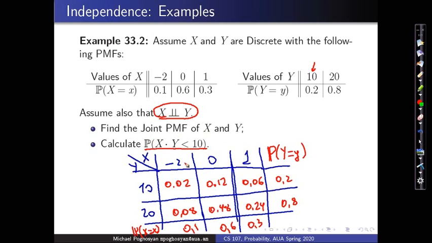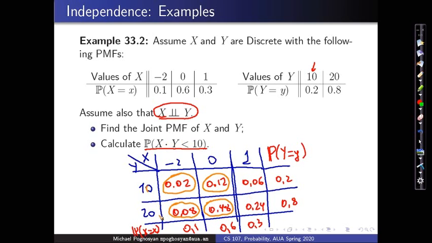Say the probability that X times Y is less than 10. I will check all possible cases to see which ones satisfy it. -2 times 10 is -20, which is less than 10, so I will add this probability. 0 times 10 is 0, so it is satisfying. 1 times 10 is 10, which is not satisfying this inequality, so I skip it. -2 and 20 gives -40, satisfying, so I add it. 0 and 20 gives 0, which is less than 10, so I add this.